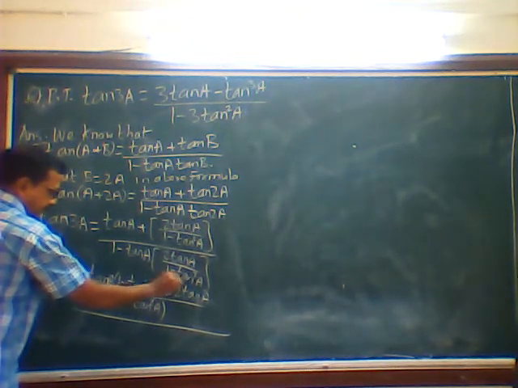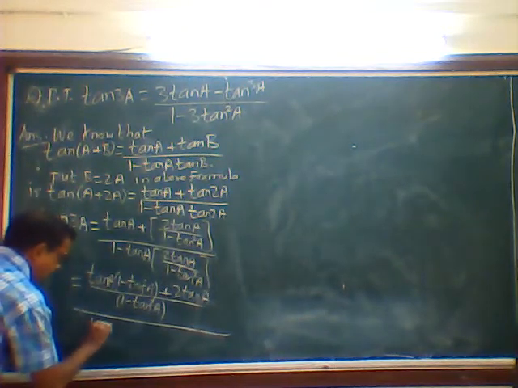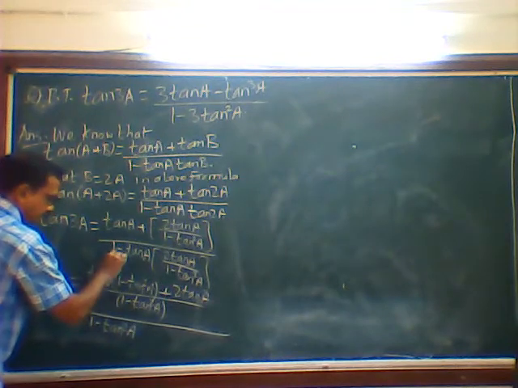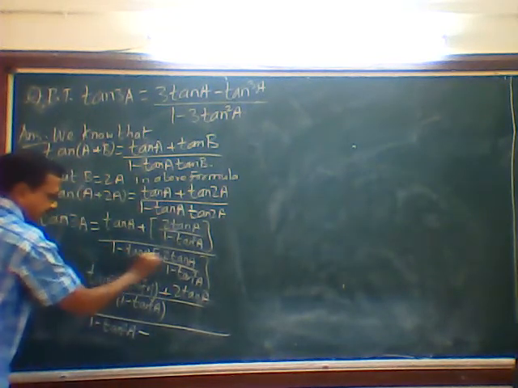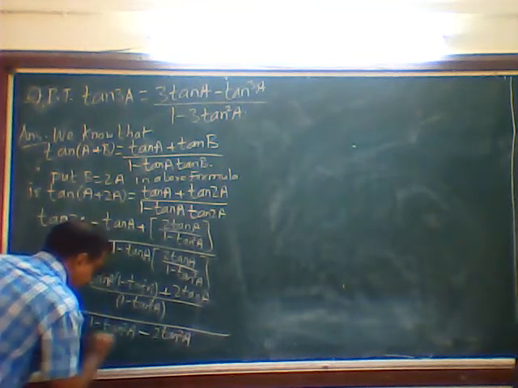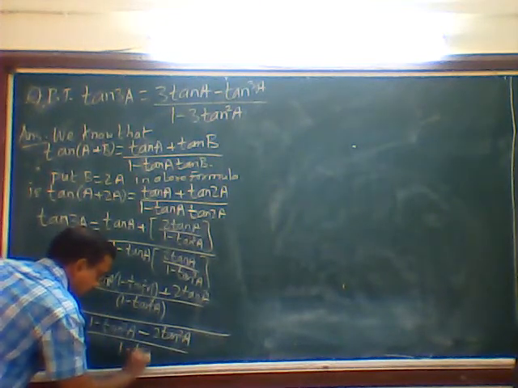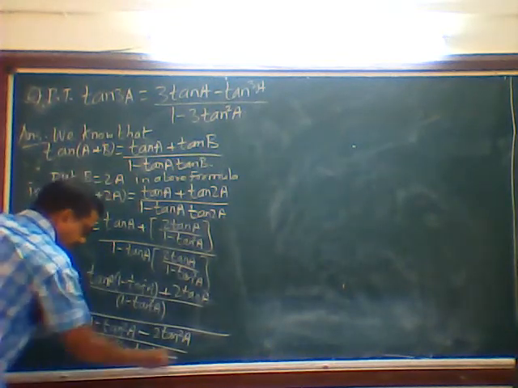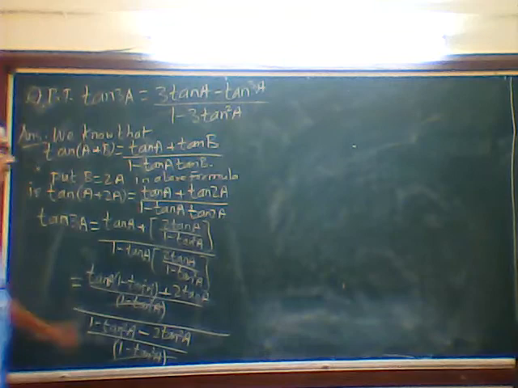Here the LCM will get cross multiplied: 1 minus tan square a into 1, minus tan a into 2 tan a is what? 2 tan square a. Okay, whole thing divided by 1 minus tan square a. I told you this is the LCM here, so this and this will go.